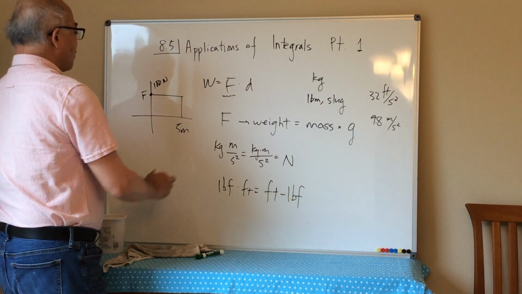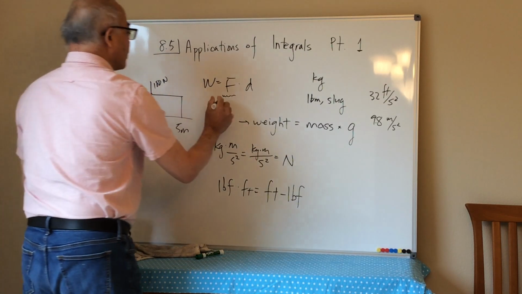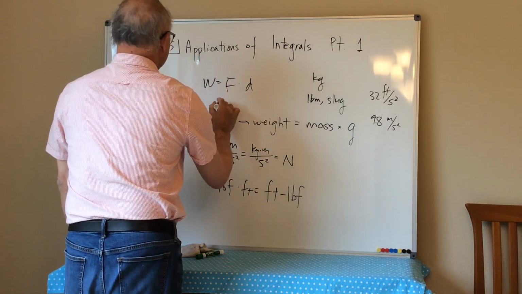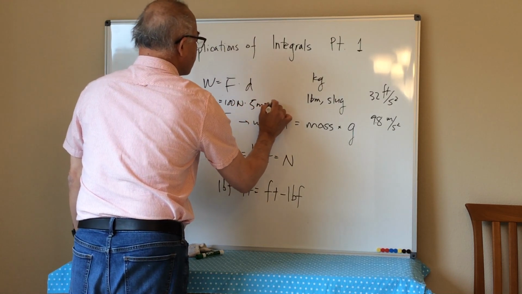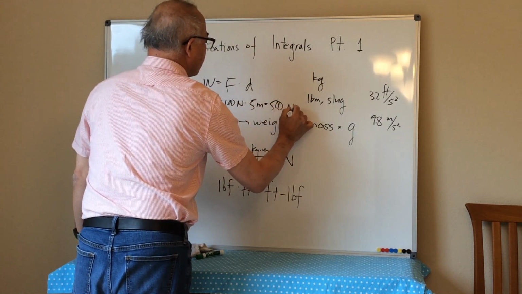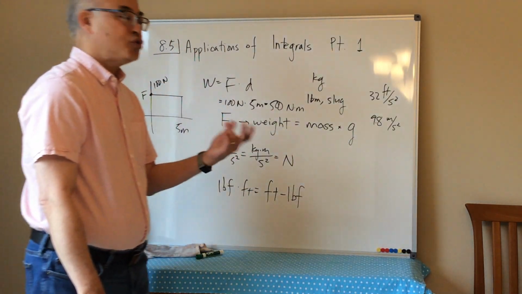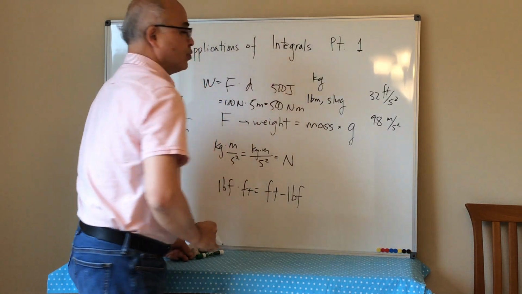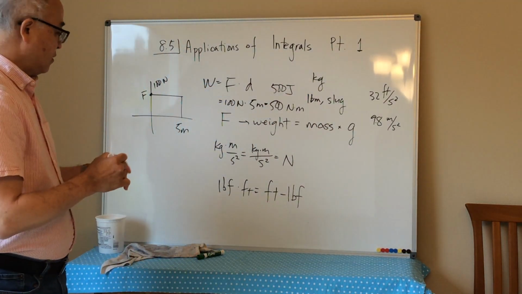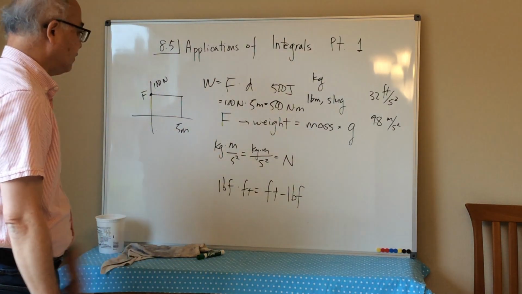So the work is going to be 100 newtons times 5 meters, which is 500 newton meters. And a newton meter is a joule, so you're going to have 500 joules. And this is how it works if the force is constant.